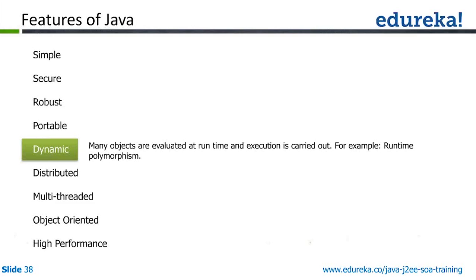Dynamic would mean that you don't declare some object at the very beginning and you're stuck with that, but you can select exactly which object you want. For example, if I'm writing a payroll program, I don't have to have a certain type of employee right through.